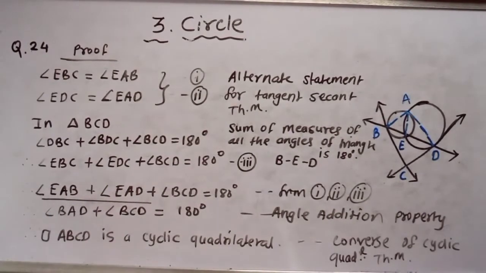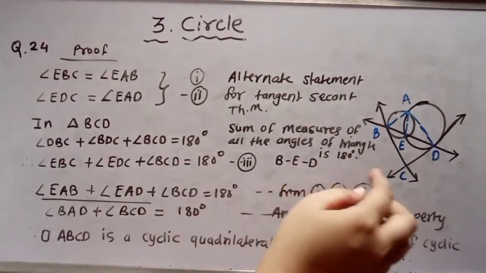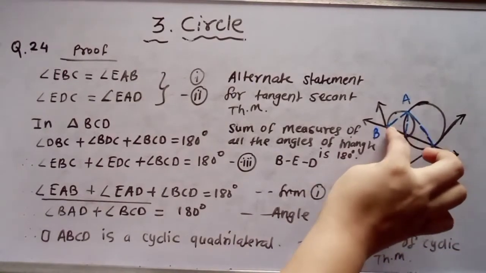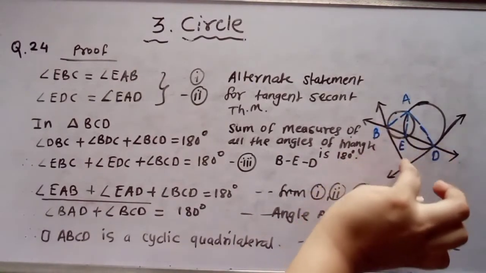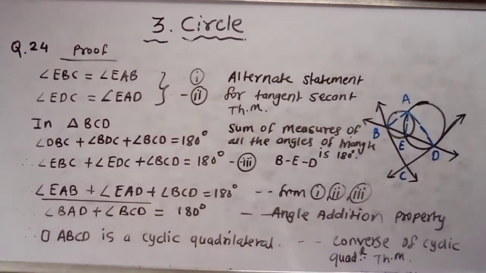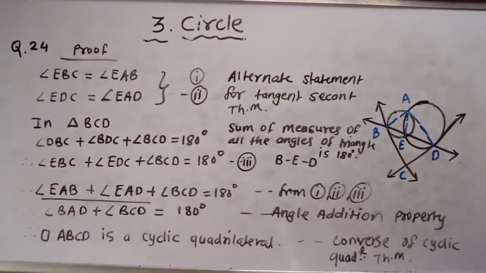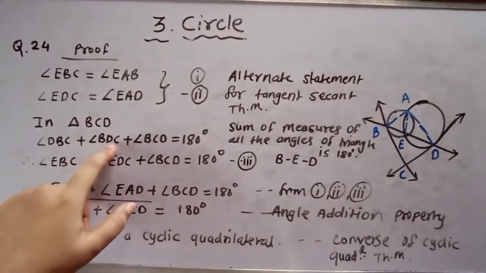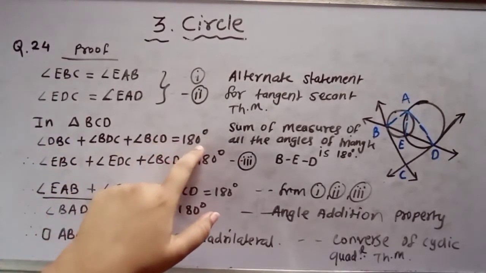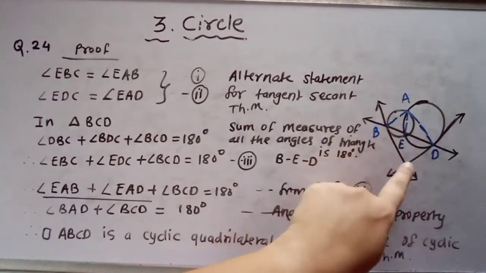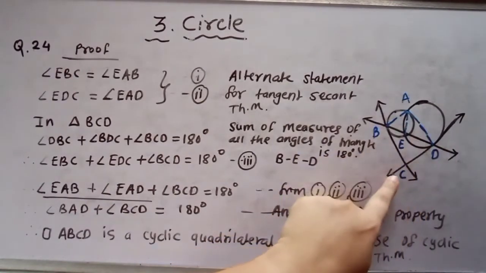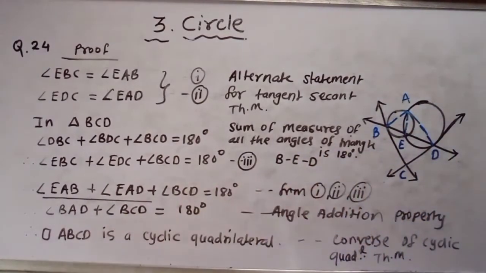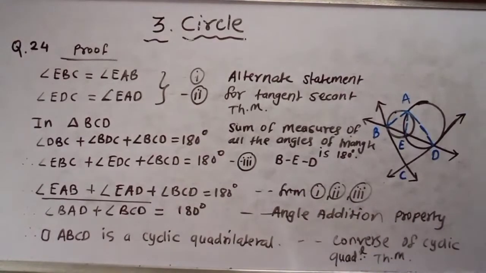Okay, then in triangle BCD, focus on this triangle. You have to add all the angles of this triangle. So I am writing angle DBC plus angle BDC plus angle BCD is equal to 180 degrees.